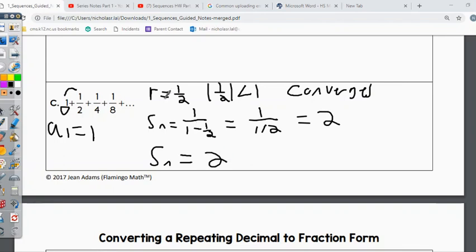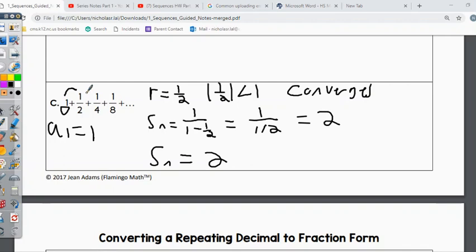Our r value is the rate of change between each term in the sequence. For a geometric sequence, each term is given by multiplying the previous term. So 1/2 is given by multiplying 1/2 by 1, 1/4 is gotten by multiplying 1/2 by 1/2, and 1/8 is gotten by multiplying 1/4 by 1/2. So this is a geometric sequence because each term is the previous term times 1/2.